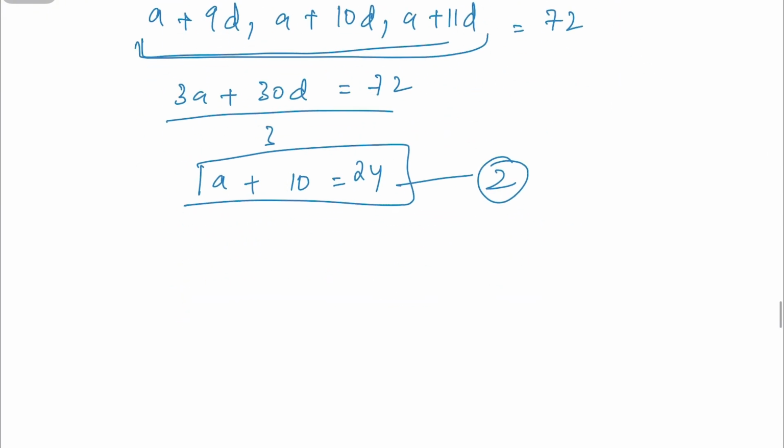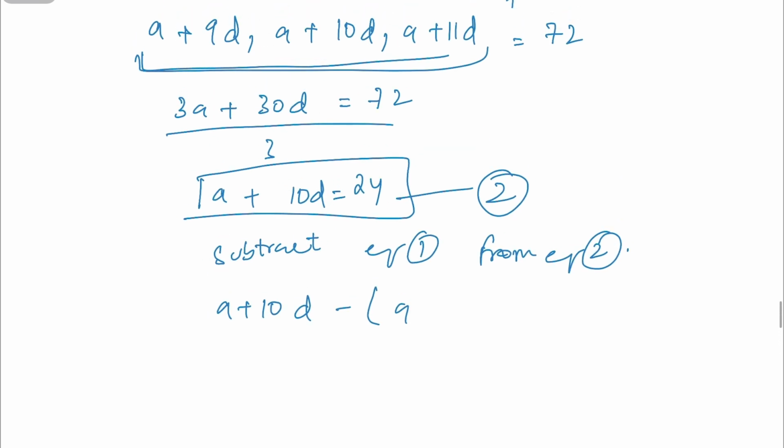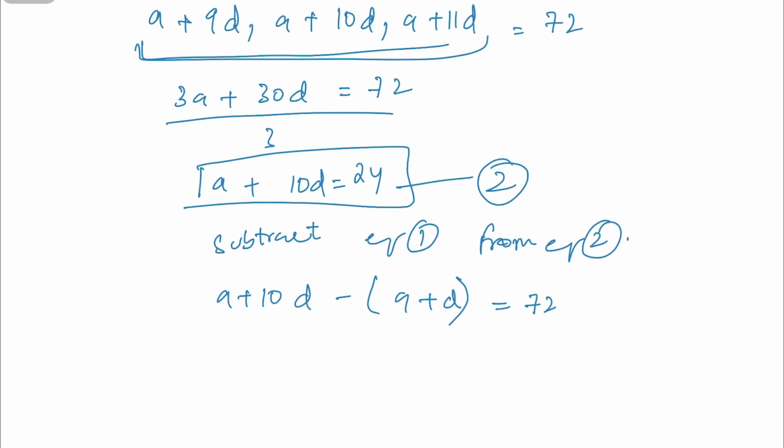Now we need to subtract equation 1 from equation 2. So this would be a plus 10d minus a plus d equals 24 plus 12.